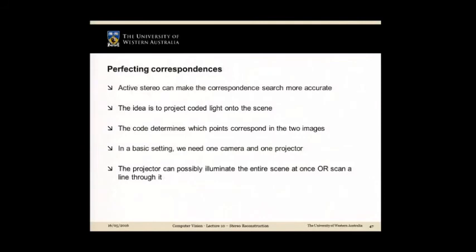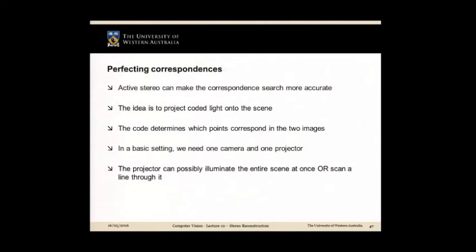In a basic setting, we need one camera and one projector. As you are projecting light, you need a camera and a projector. You can use two cameras and a projector, but I think that's not a very good approach. One camera and one projector should be sufficient, and that's what most 3D data acquisition systems do.